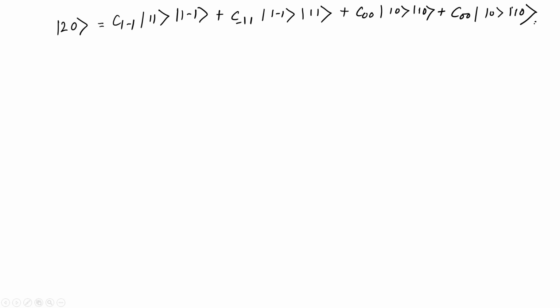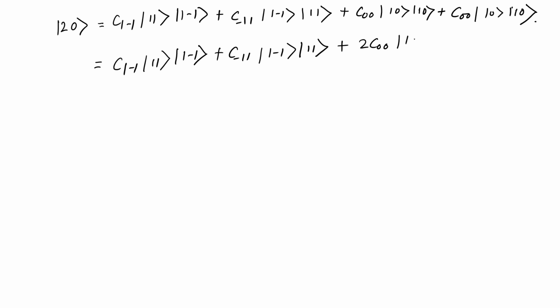Okay, so there are 4 terms there, and so this is equal to a C_{1,-1}|1 -1⟩|1 1⟩, and this is really 2 C_{0 0} |1 0⟩|1 0⟩.